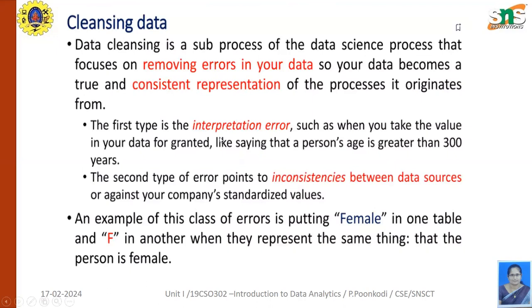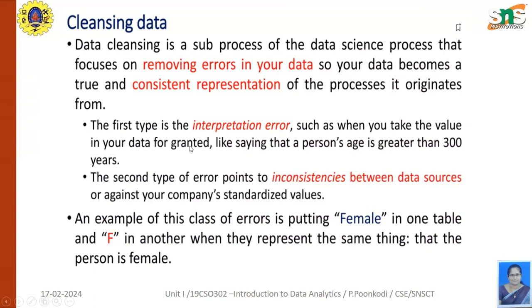First, we will move to see cleaning data. Data cleaning is a sub process. It mainly focuses on removing the errors in your data, so that your data becomes true, and it also represents the consistency of your representation.